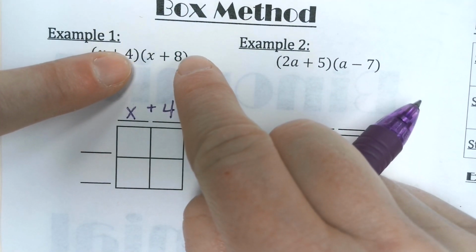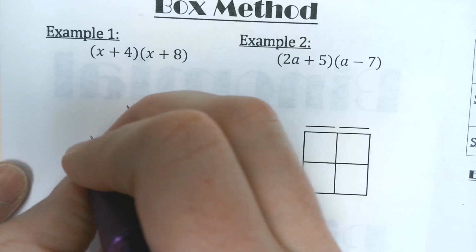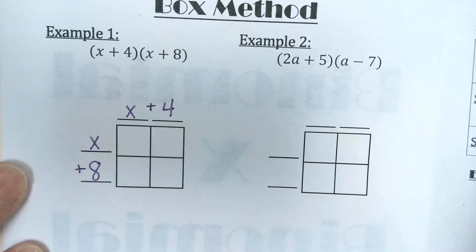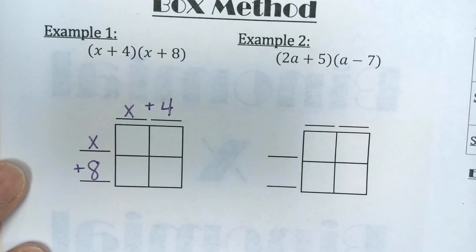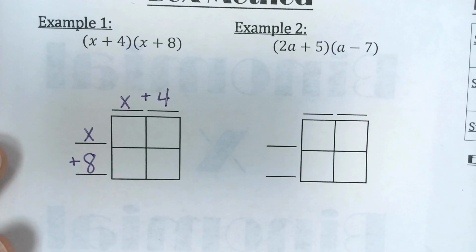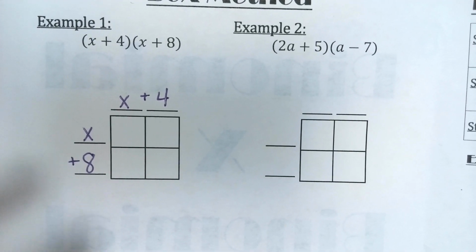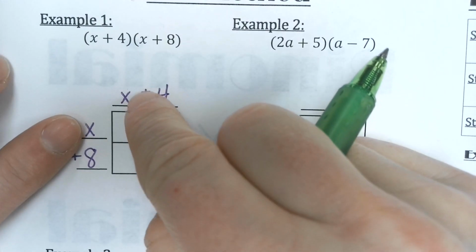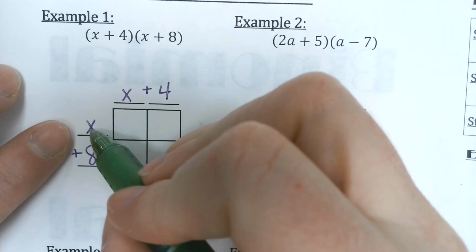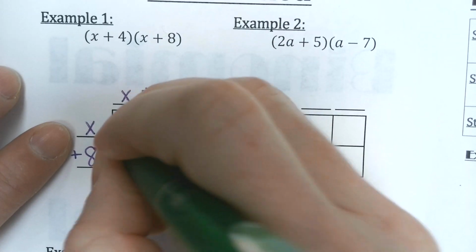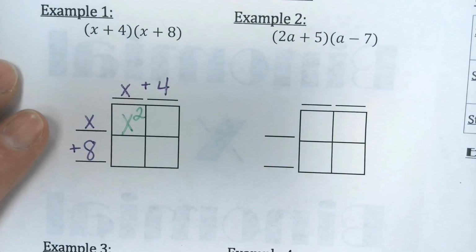And then this other one is x plus 8. And then we multiply rows by columns. x times x is x squared.